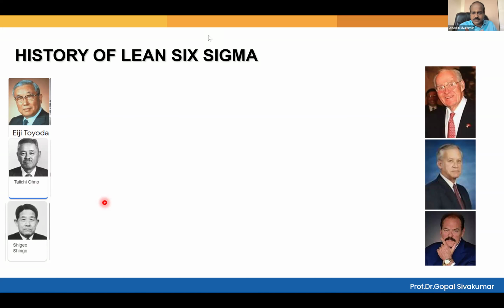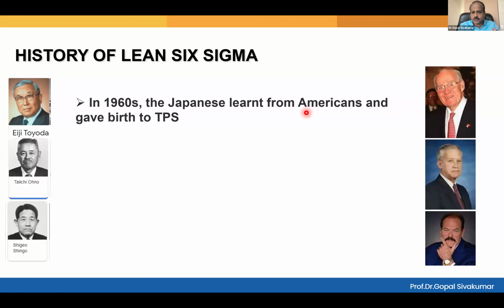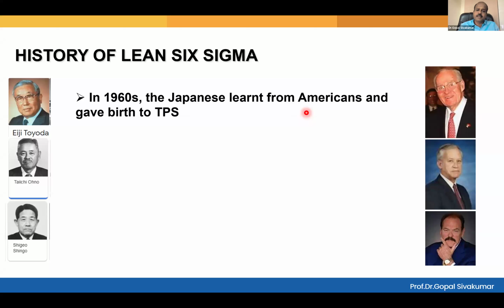If the spread of the process is equal to half of the tolerance given by the customer, and if the process is centered on the target, you can call the process a 6 sigma process, right? So don't worry, we will again revisit all of these things and develop quite a good understanding of them. But what I want you to know is that 6 sigma evolved from an American company known as Motorola.